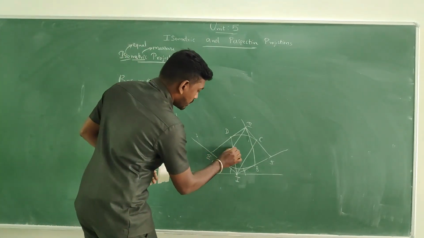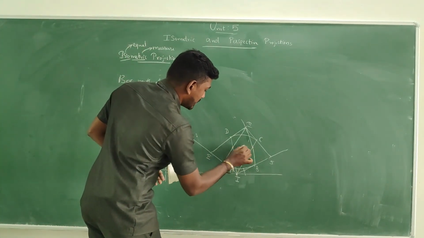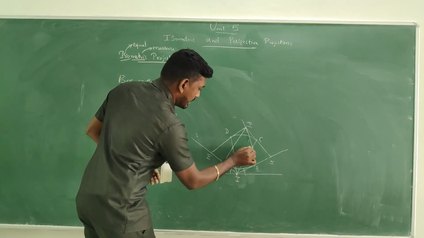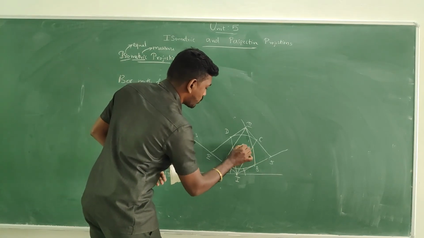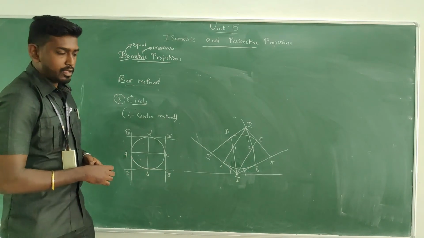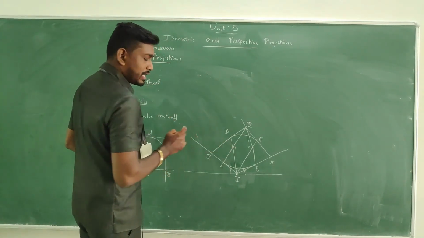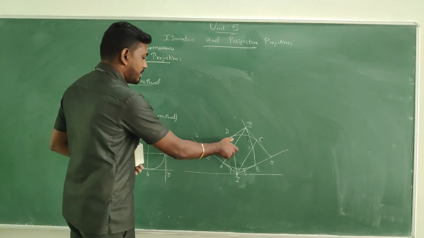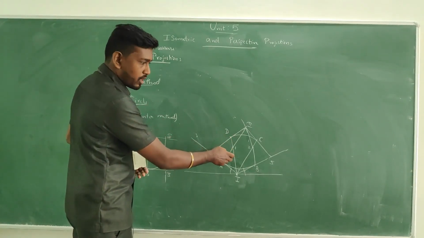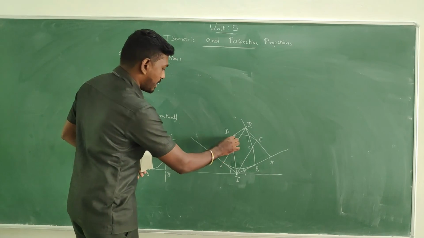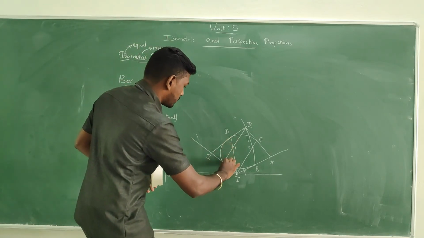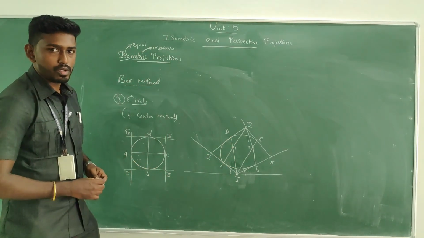Now when you have the cross lines, here we have the centers, am I right? I'm going to take this as 1 and this as 2. Now fix this 1 as center and take the radius 1 to D, or you can take 1 to A, and draw an arc like this.